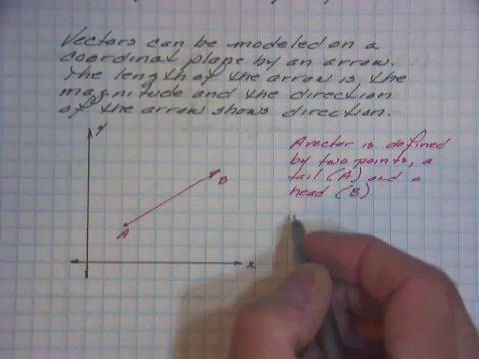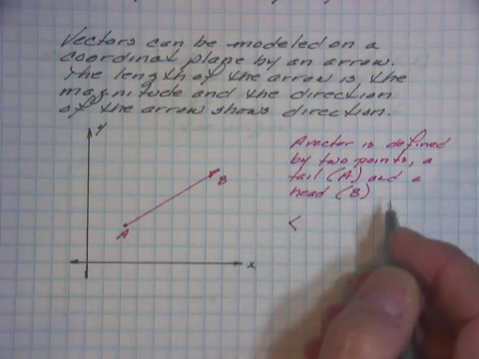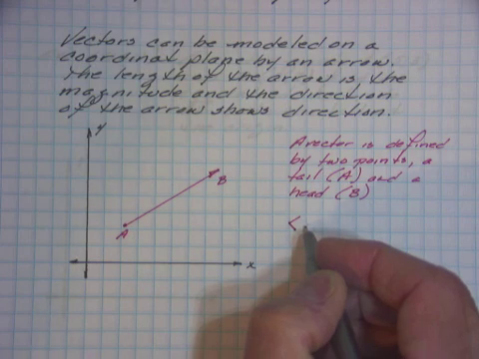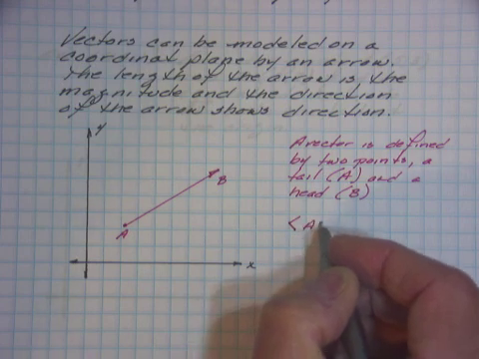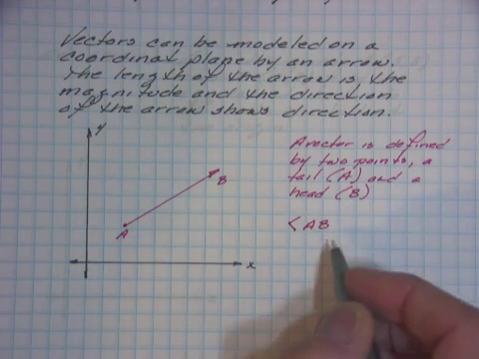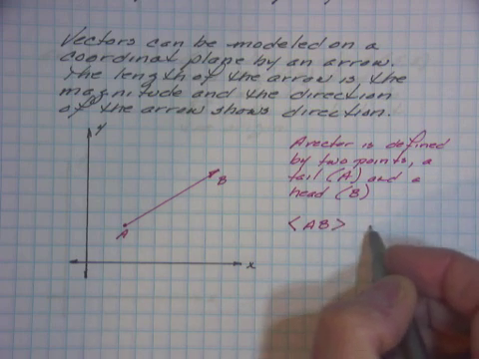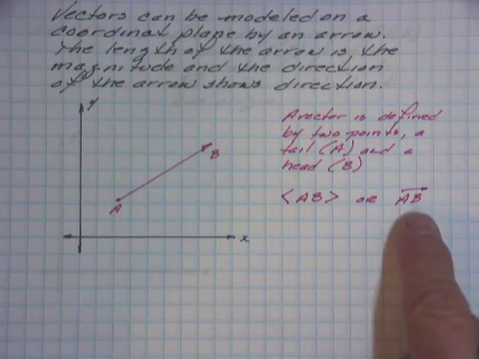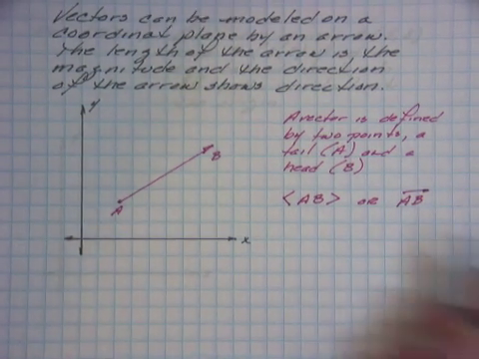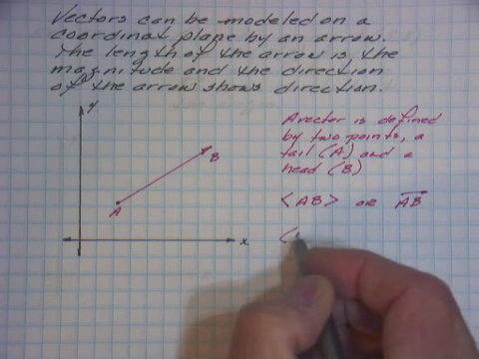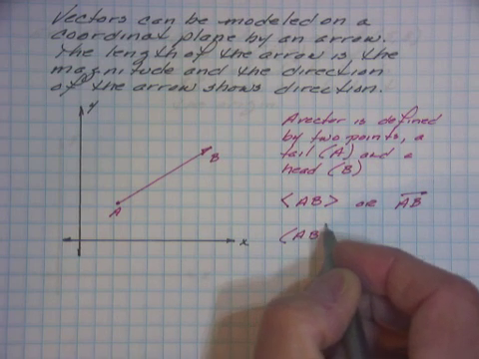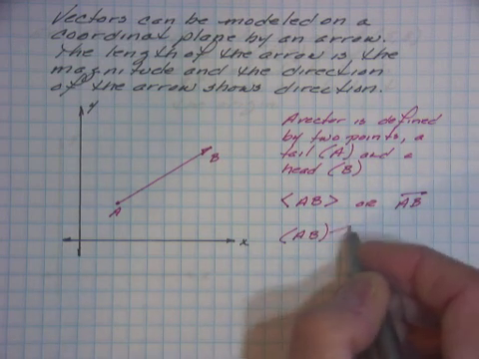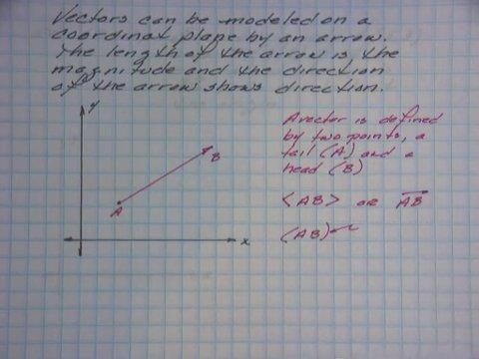Now, there are a couple ways to write the vector when we're writing about vectors. Often you see it with a pointed bracket and then AB. So tail always goes first, head goes second. Or sometimes you see it like this, AB with a single-headed arrow on the top. Now, just so you know, in our textbook, they use parentheses like this.